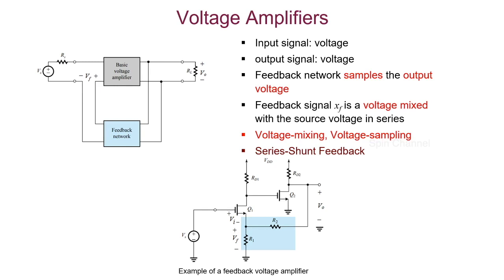You can observe that the output voltage of the second stage transistor is sampled by a voltage divider network, which is a feedback network, and the voltage drop across the resistor R1 is fed to the source of the MOSFET. So Vi equals Vs minus Vf. Thus the feedback is negative or degenerative.